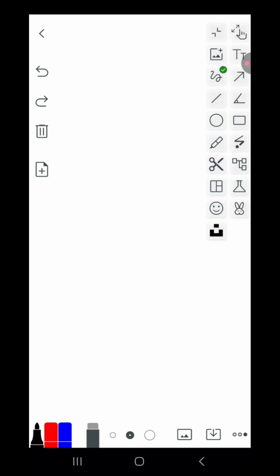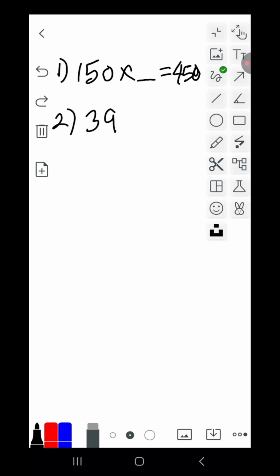comment box. So let's have question 1 to be 150 times a missing number equals 450. And question 2, let's have 39 minus a missing number.